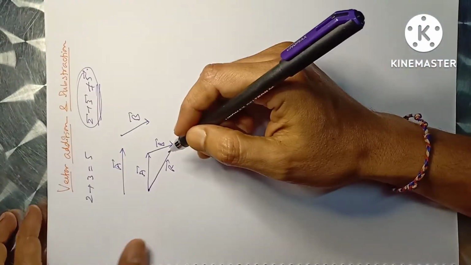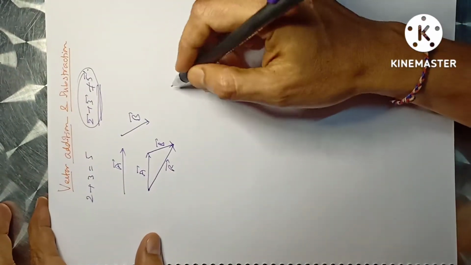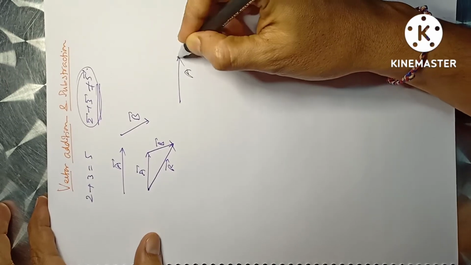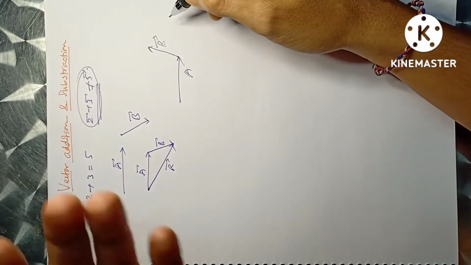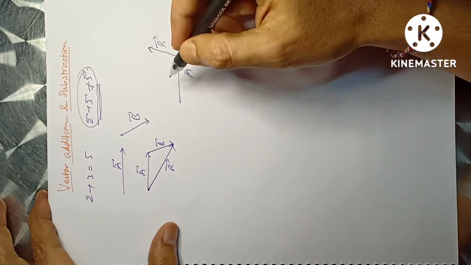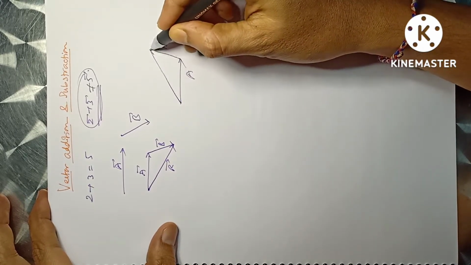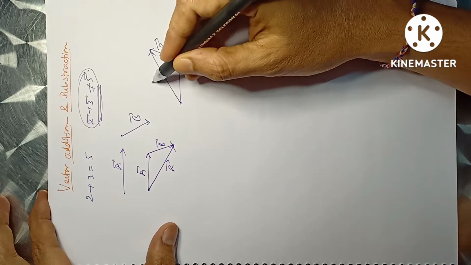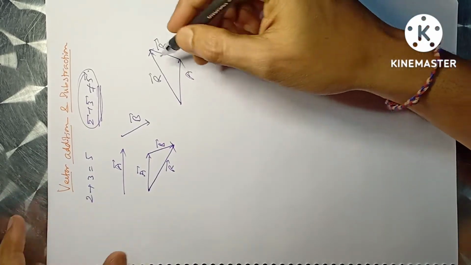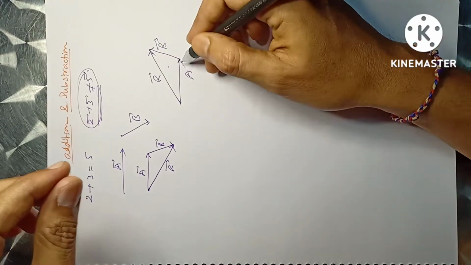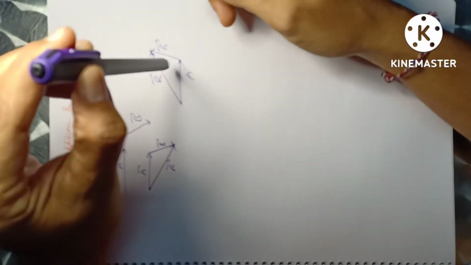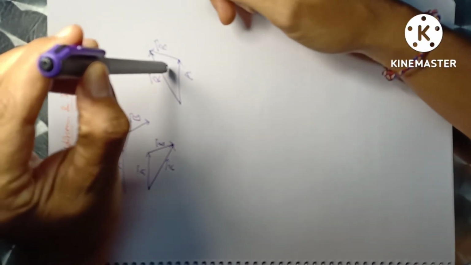In the triangular law, generally, suppose vector A and vector B are represented by two sides of a triangle, then the third side represents the resultant vector. Remember that for A plus B, consider the center of the triangle.